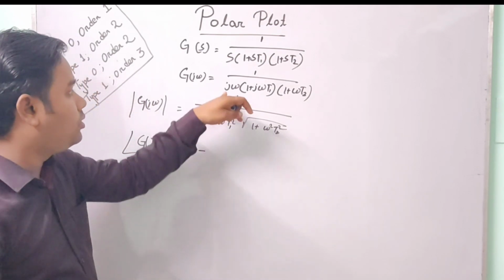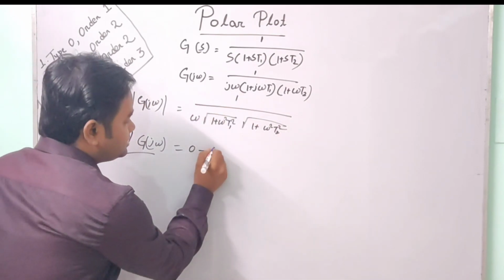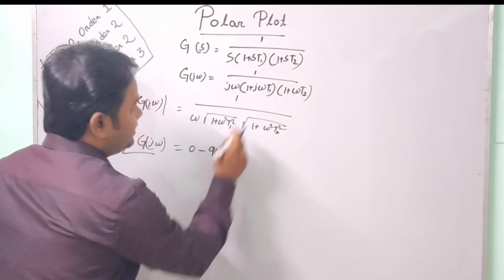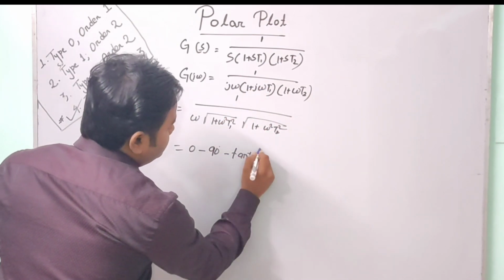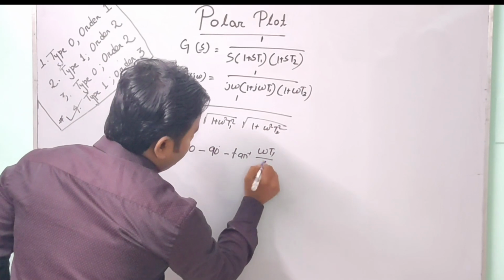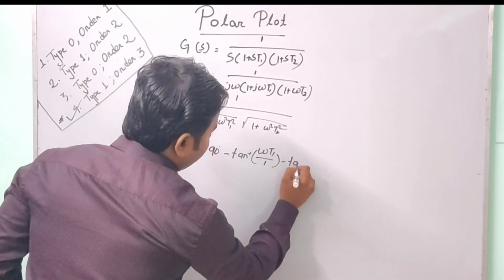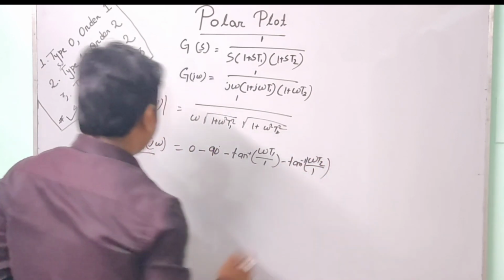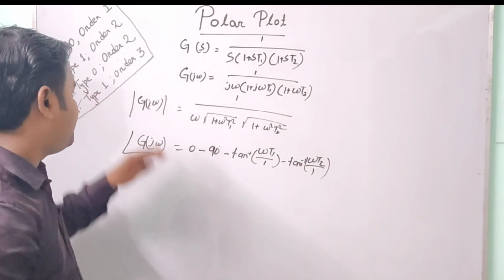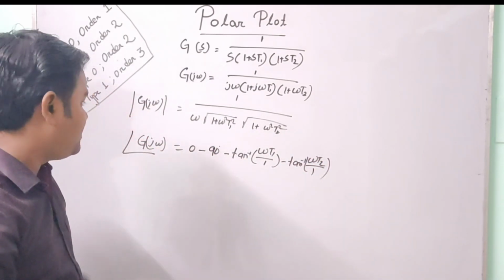In the denominator only J omega is present, so it is minus 90 degree, and then from 1 plus J omega T1, minus tan inverse of omega T1 by 1, minus tan inverse of omega T2 by 1. So these are the formulas for finding the magnitude and phase angle.